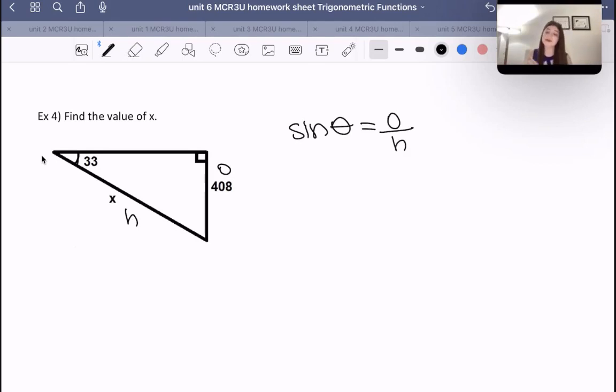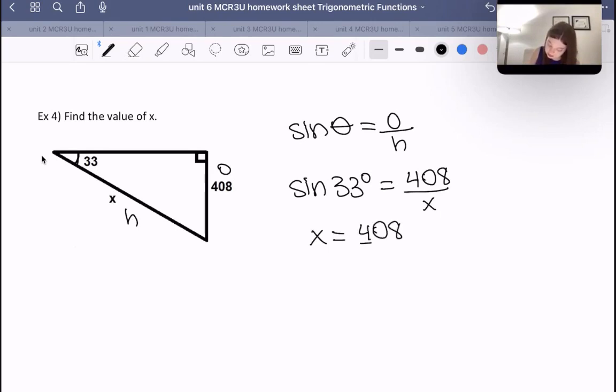So now I'm going to plug in my values. In this case, sine of 33 degrees is equal to opposite, which is 408, over hypotenuse, which is x in this case. So then I'm going to swap the x and the sine 33 and get that x is equal to 408 over sine 33 degrees. And this means that x is equal to, well, let's check our calculator.